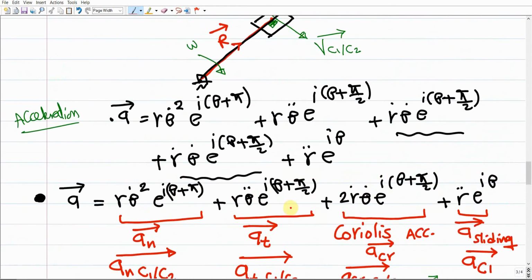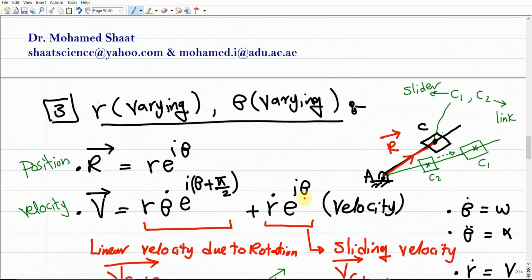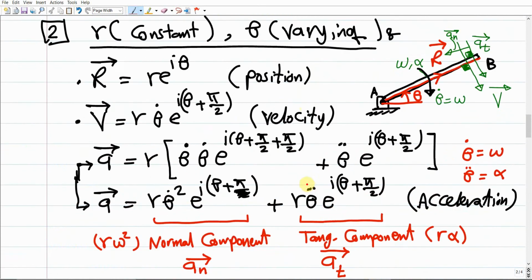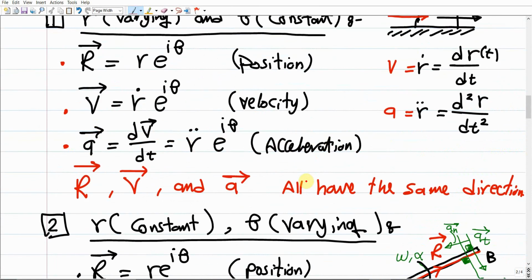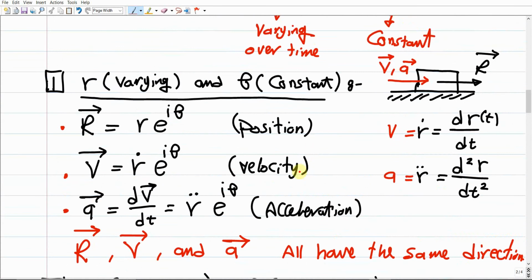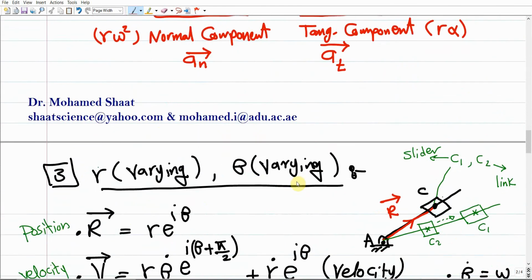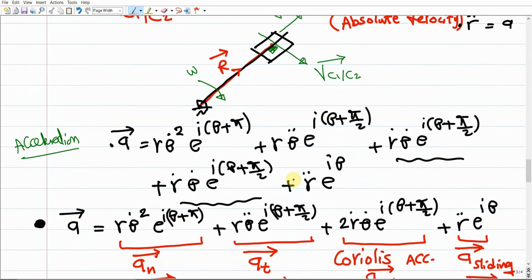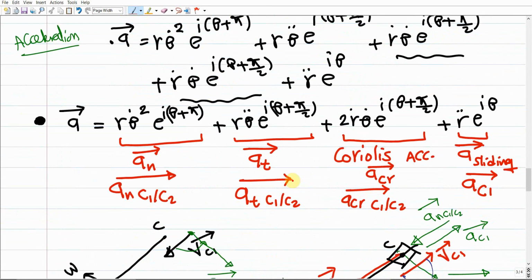So the objective for now, we discussed three cases, depending on whether R is constant or variable, and the same for theta. The first two cases are very simple. The new thing here is the case where both are variables. We end up with a new term of acceleration, known as the Coriolis acceleration, in addition to the sliding acceleration, and the conventional normal and tangential acceleration.